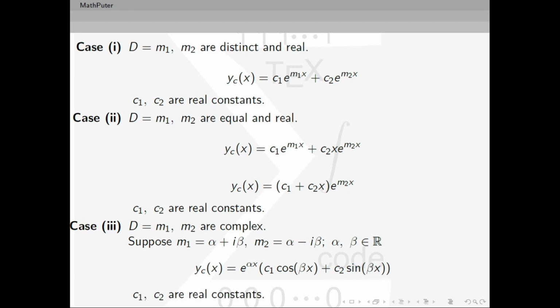So now let us discuss particular examples. y double dash plus y dash minus 6y equal to 0. This was the example which we already discussed. It has two roots, minus 3 and 2, which are distinct.